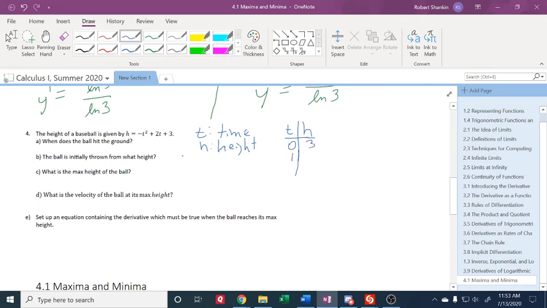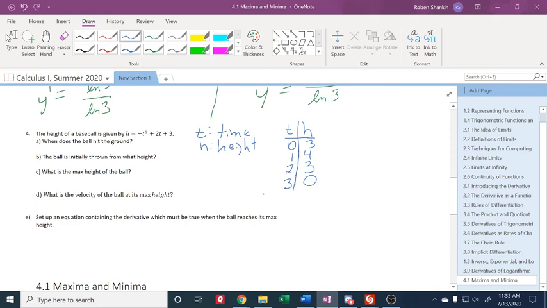And when it's 1, I get 3 plus 2 is 5, minus 1 is 4. When it's 2, I get negative 4 and positive 4 canceling each other out, back to 3. When it's 3, negative 9 and positive 9, back to 0.